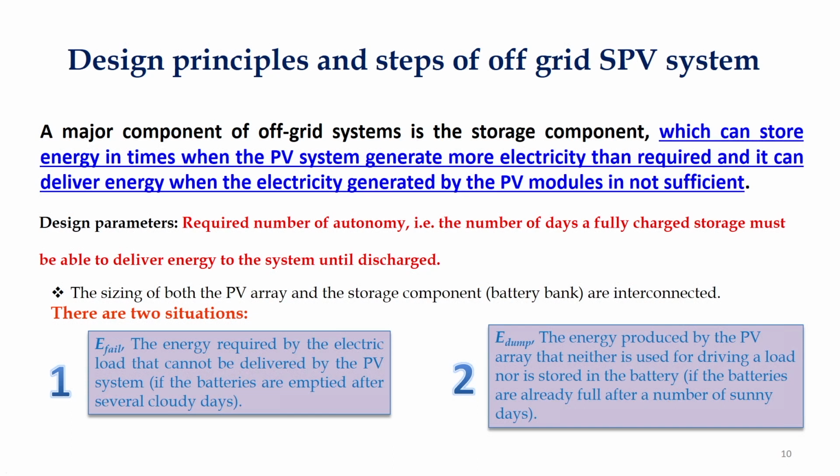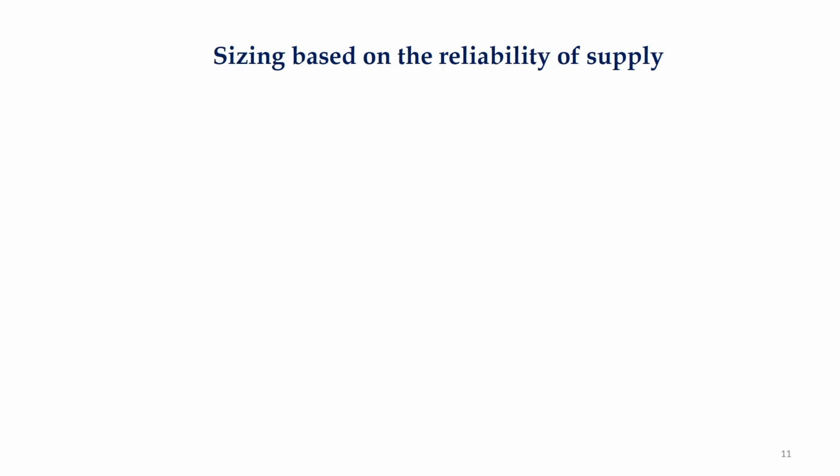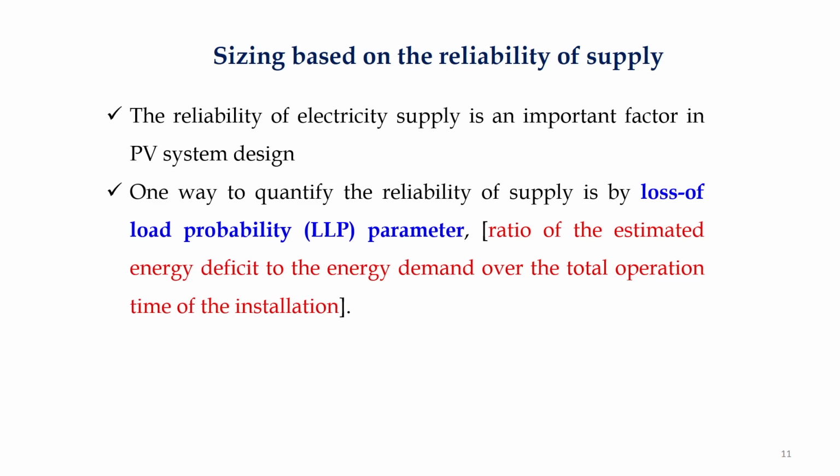So, these two are very critical situations we need to look into. Now, we need to size based on the reliability of supply. The reliability of electricity supply is an important factor in the PV system design.